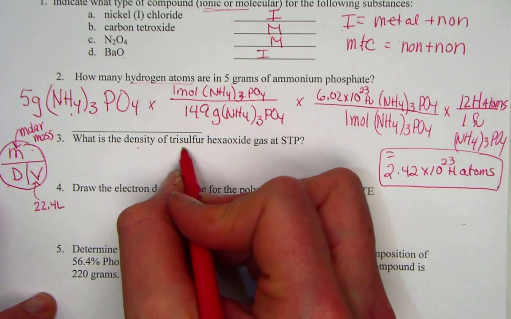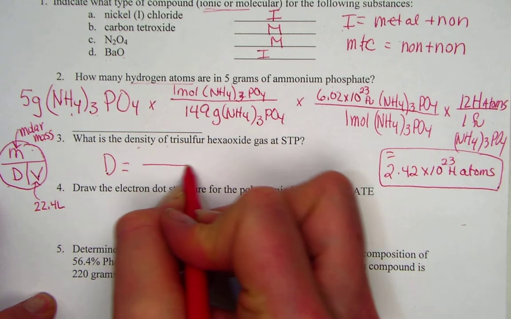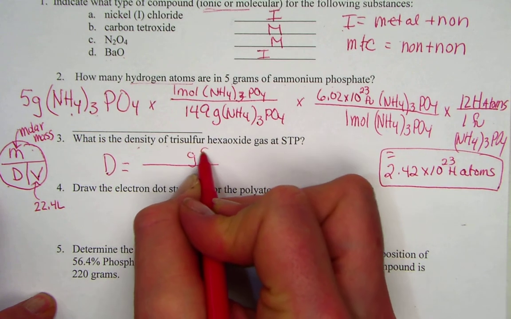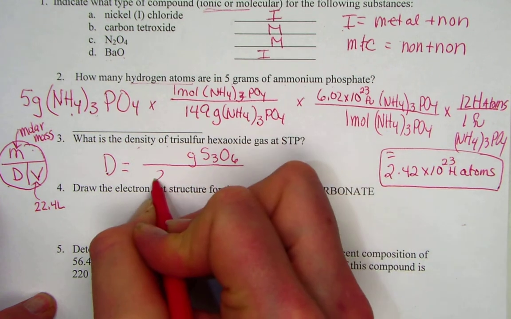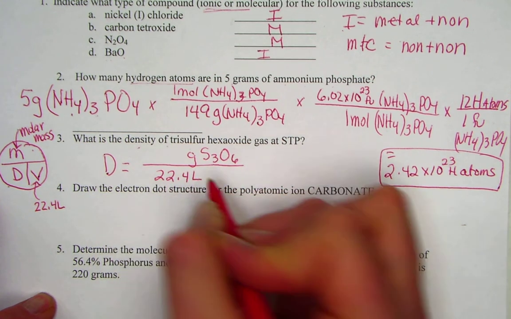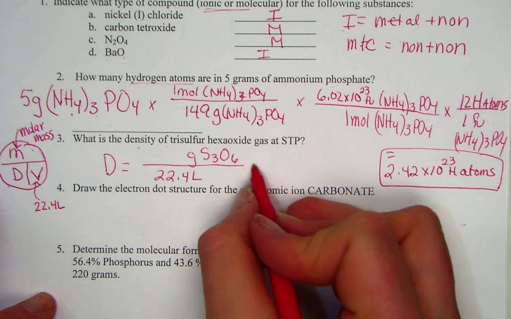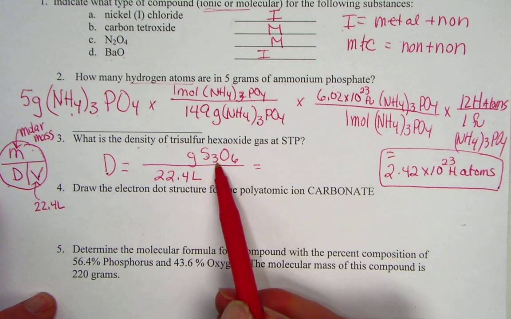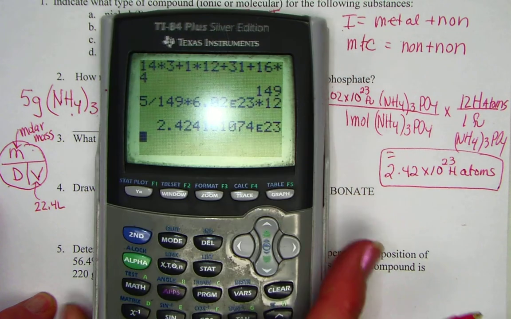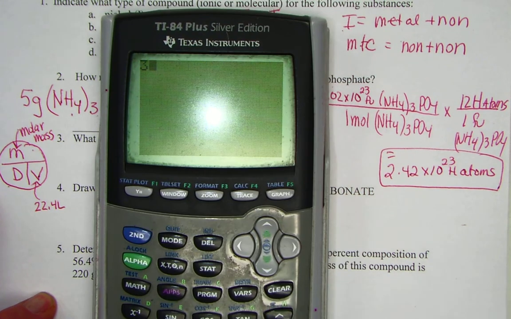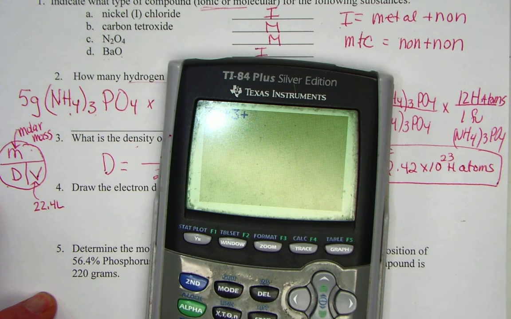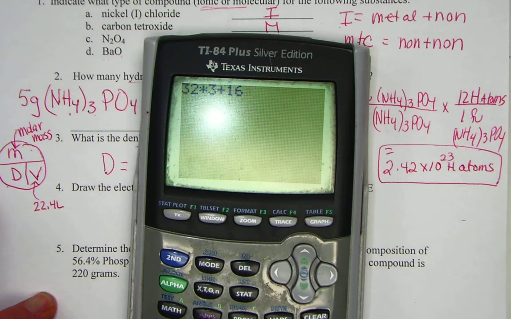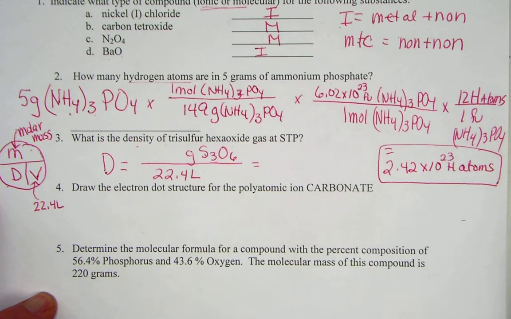So to find density of trisulfur hexaoxide, I need to take its molar mass divided by the molar volume, and we'll come up with density. So I've got to do some adding of formula weight. Sulfur weighs 32, but there's 3 of them, plus oxygen 16 times 6 of those, I get a formula weight of 192 grams.